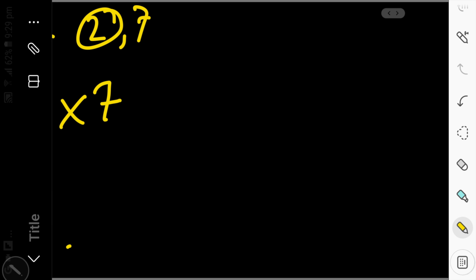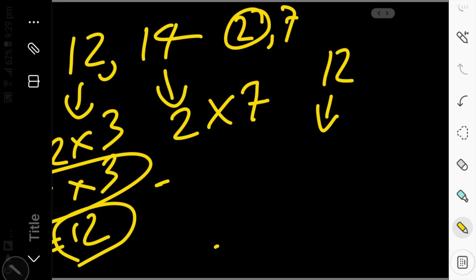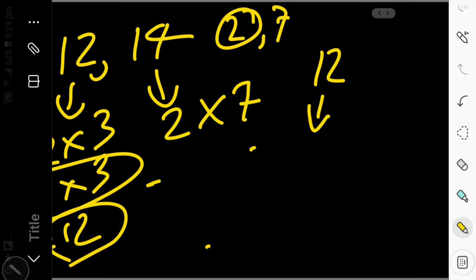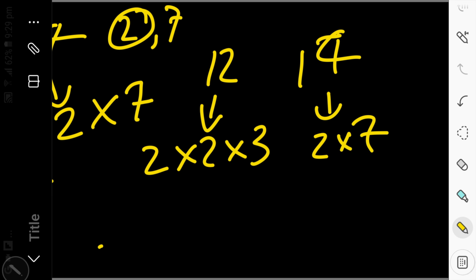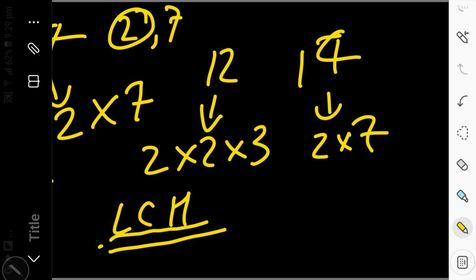So now what? We find out 12 by breaking down into prime factorization. We can make it into 2 into 2 into 3 and 14 into 2 into 7. Now what? To find LCM, as in least common multiple, we have to find the common.